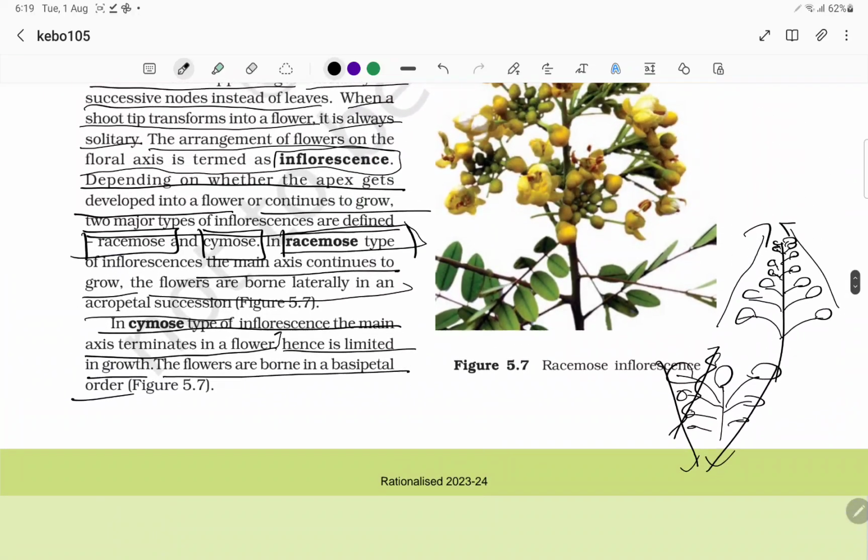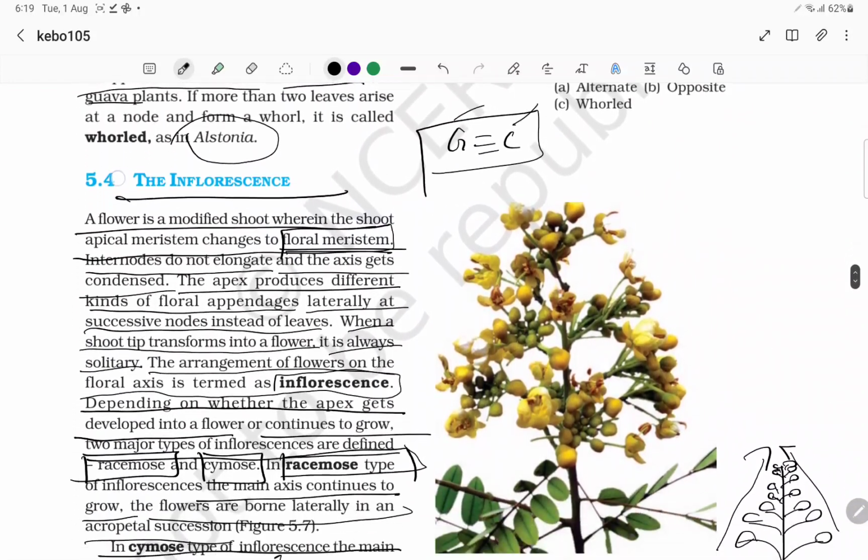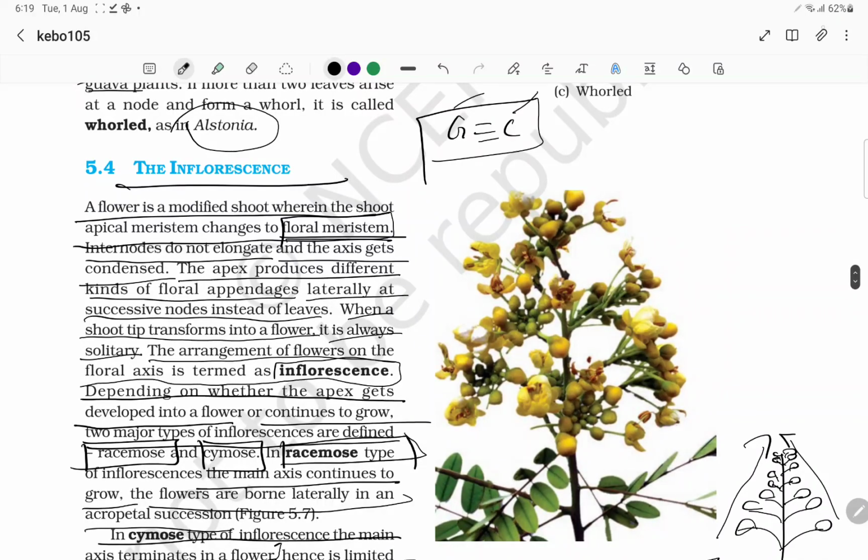Okay, so let's talk about racemose and cymose in detail. Coming to racemose, this is solitary. This is a simple raceme. If there are no pedicels and the flowers are directly arranged, then we call it a spike.